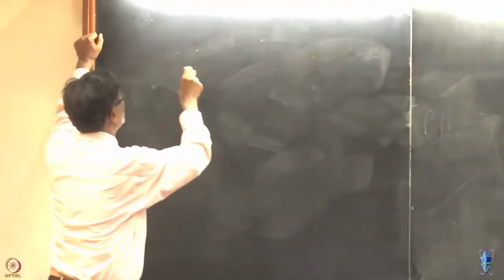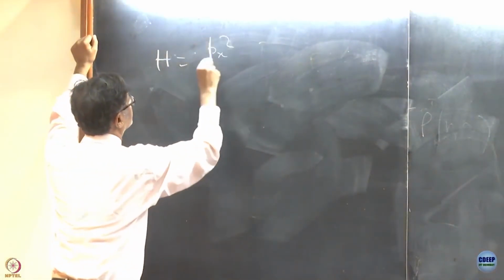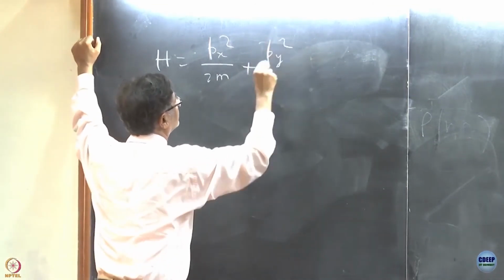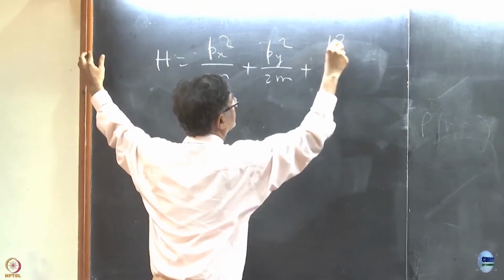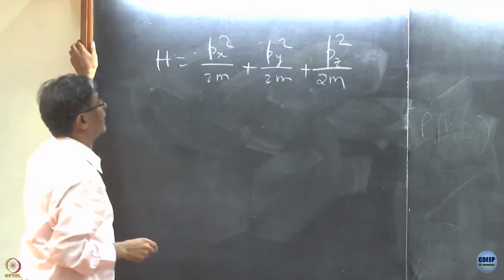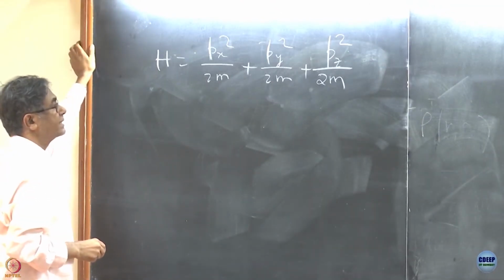So if I want to do this, this is the ideal gas, monatomic ideal gas, this is the Hamiltonian.